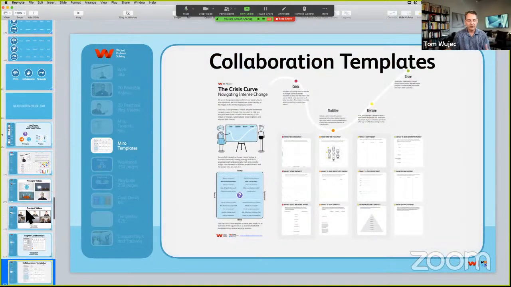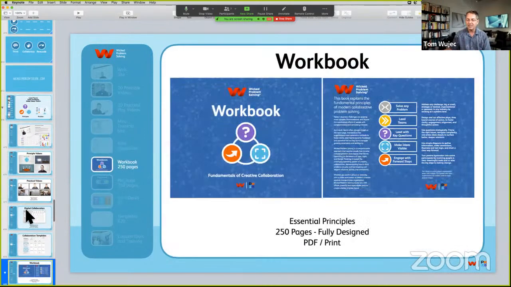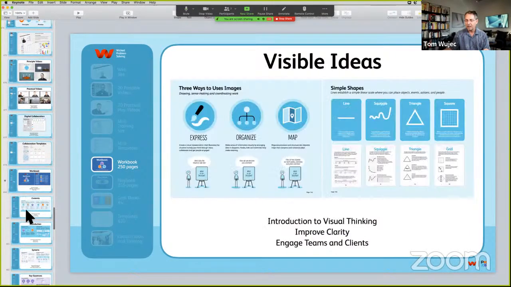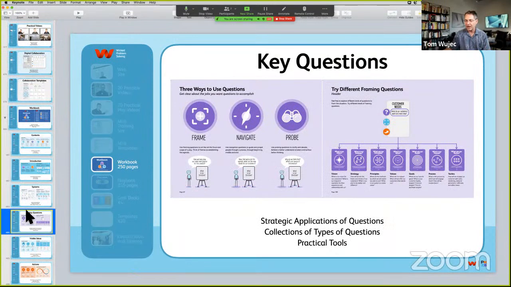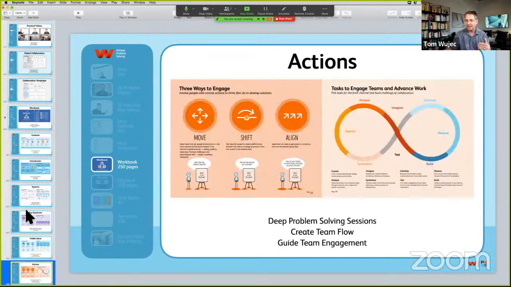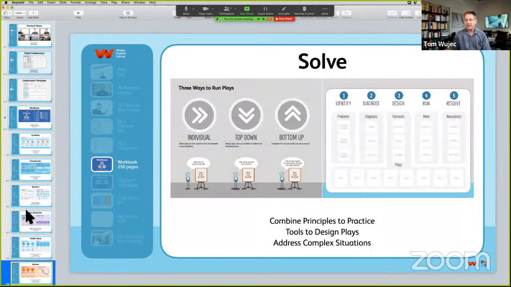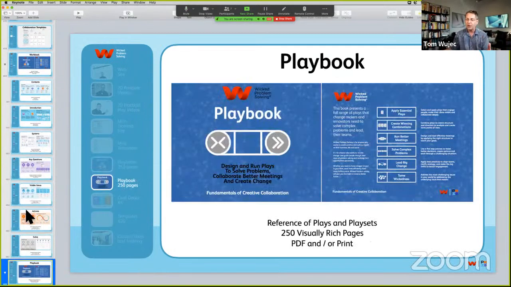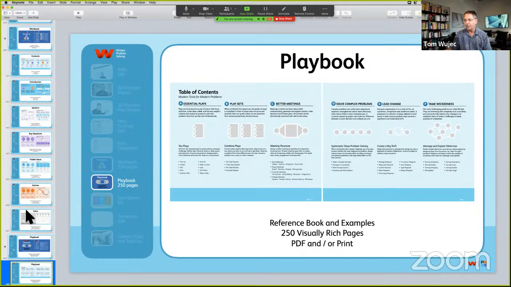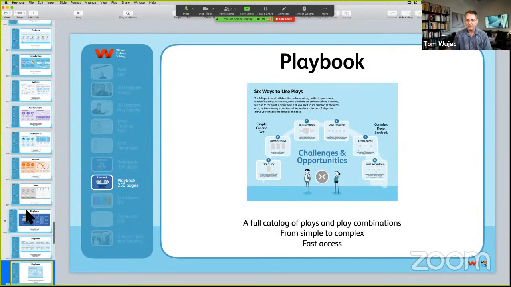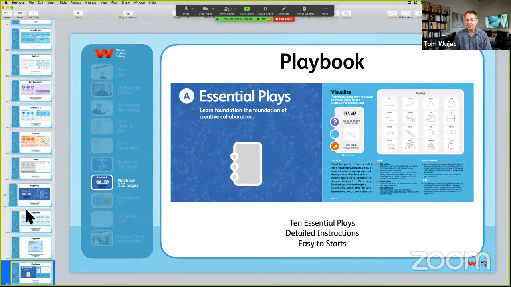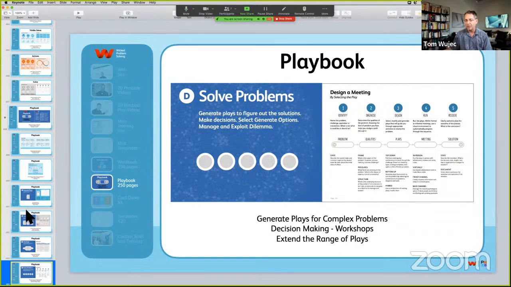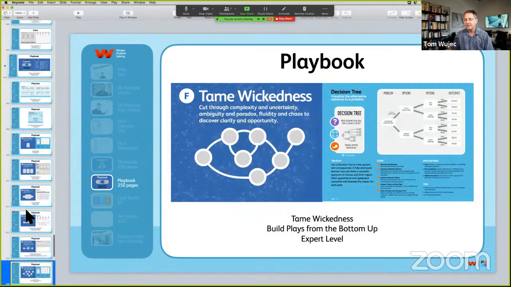It expands into much more depth, and there are collaboration templates. It goes beyond the visualizations that you've seen, to thinking about the questions that you're asking, and thinking about the actions that you want people to take so that they solve individual problems, top-down, bottom-up problems. So there's the whole language for visual problem solving, a whole framework. There are playbooks that can be applied from a 5-minute conversation to a 15-minute conversation, to restructuring meetings, to solving very complex problems, to leading big change in an organization, to taming wickedness.